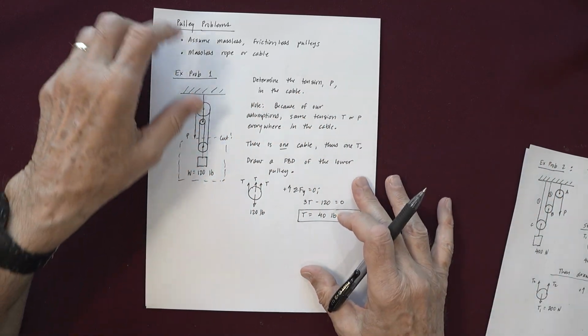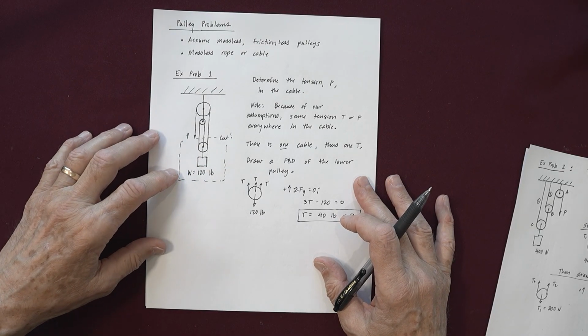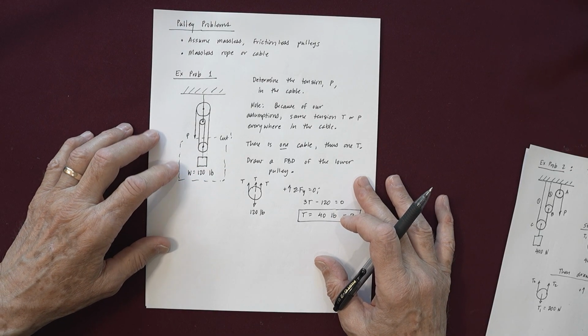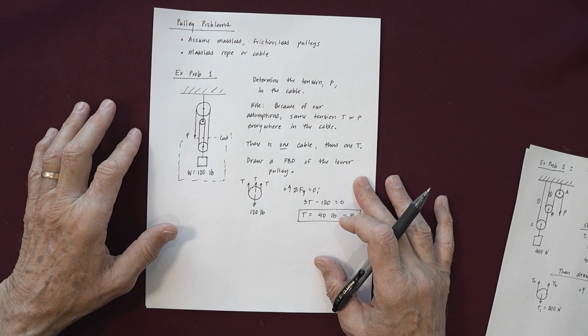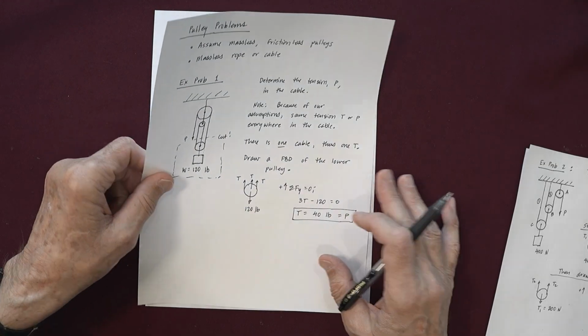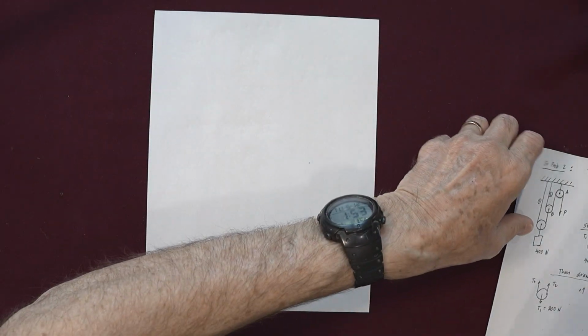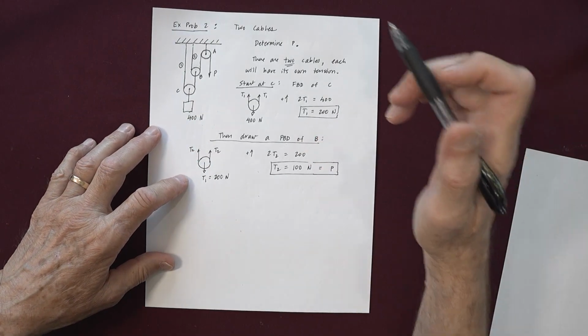And so that's the tension in that cable. When you get to dynamics, we'll work dynamics problems with cables too, and kinematics problems with cables. But for now, we're just dealing with static forces in the cable. So this is a 1 cable problem. Here's a 2 cable problem.